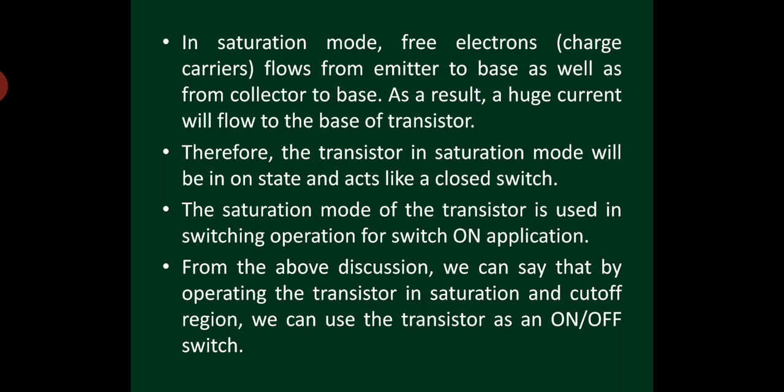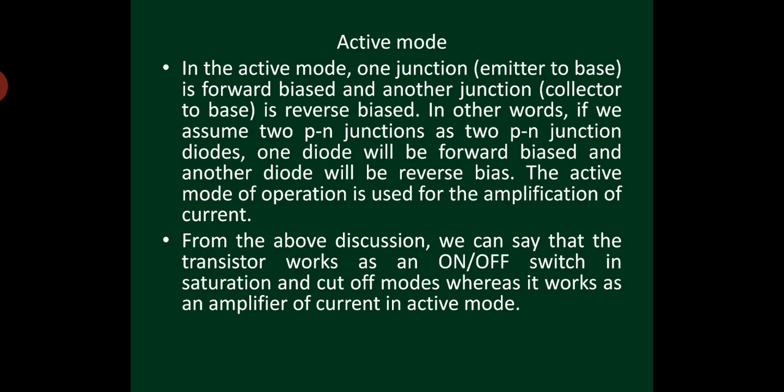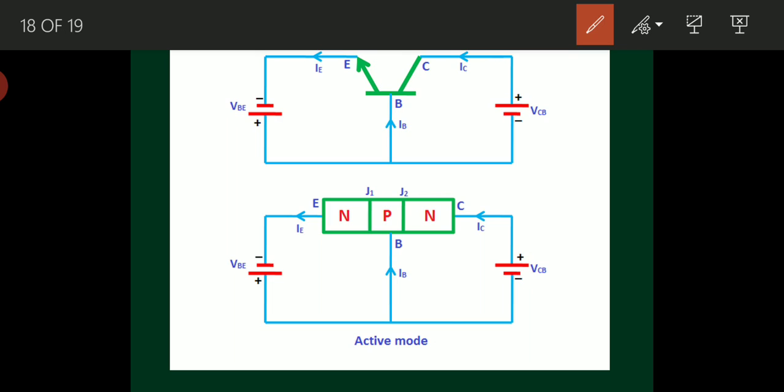And the last one is the active mode of operation. In this mode of operation, the input junction is forward biased and the output junction must be reverse biased.